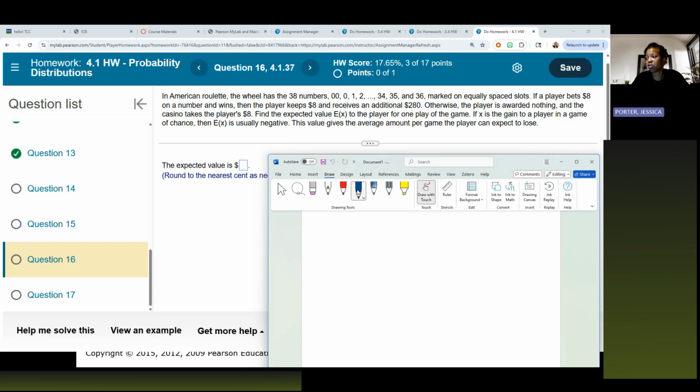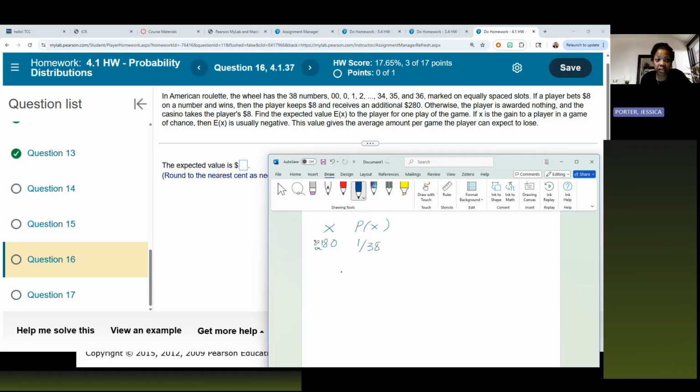If X is the gain to a player in a game of chance, then the expected value, E of X, is usually negative. This value gives the average amount per game the player can expect to lose. Now, we need X and we need the probability of X. If we win, X is 280, and P of X is 1 out of 38.